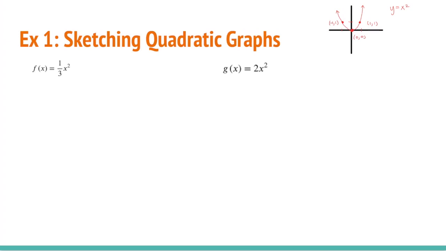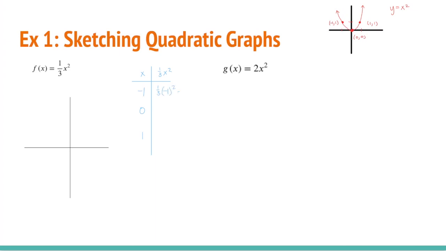Okay, now let's look at sketching these graphs with some transformations, some stretches and compressions. So here we go. I'm going to start with a t-chart of my critical x values. I'm going to plug in my x values over here and my y values over here.